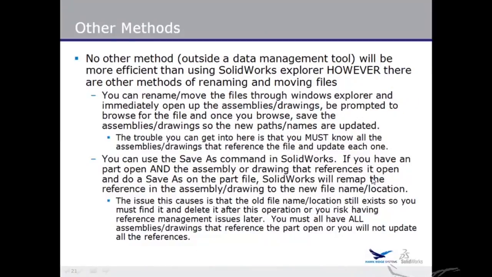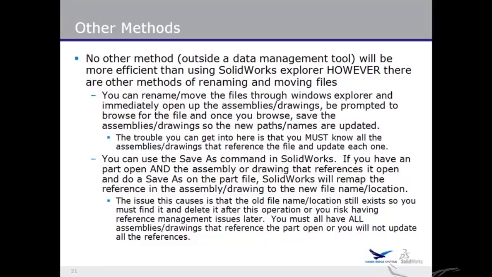Okay, so other methods of doing this aside from a data management tool, and I'm going to tell you guys at the end how a data management tool makes this a lot easier, but assuming we don't have a data management tool, you can do this in two other ways. The first way is to use Windows Explorer. You can right click on a file and rename it, or you can click on a file and drag it into another folder.